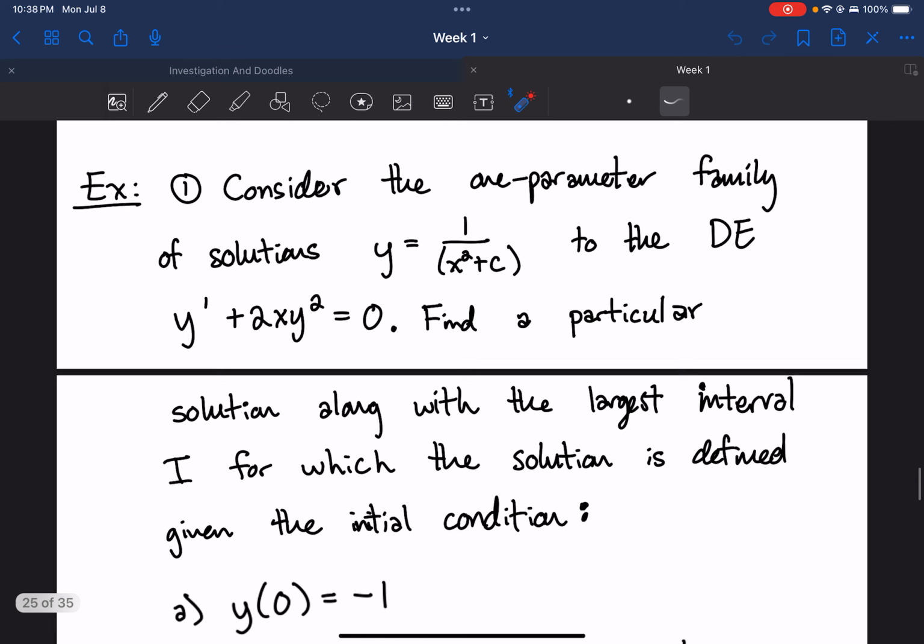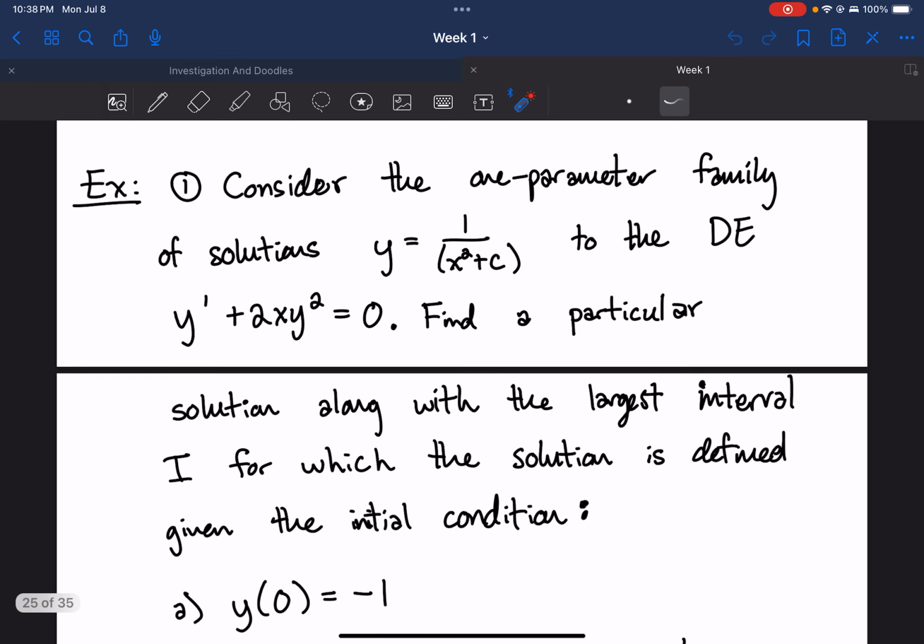Here's an example. Let's consider the one parameter family of solutions y equals 1 over x squared plus c. So there's this constant c floating around in our solution.